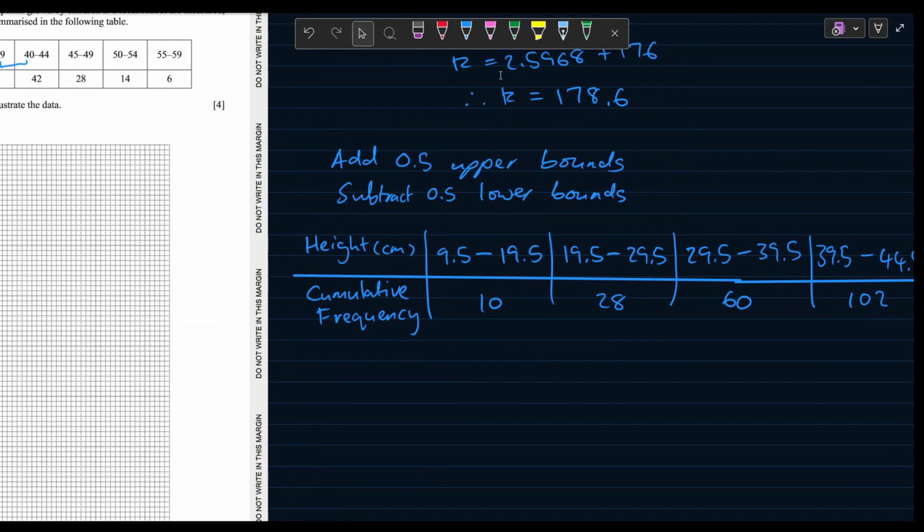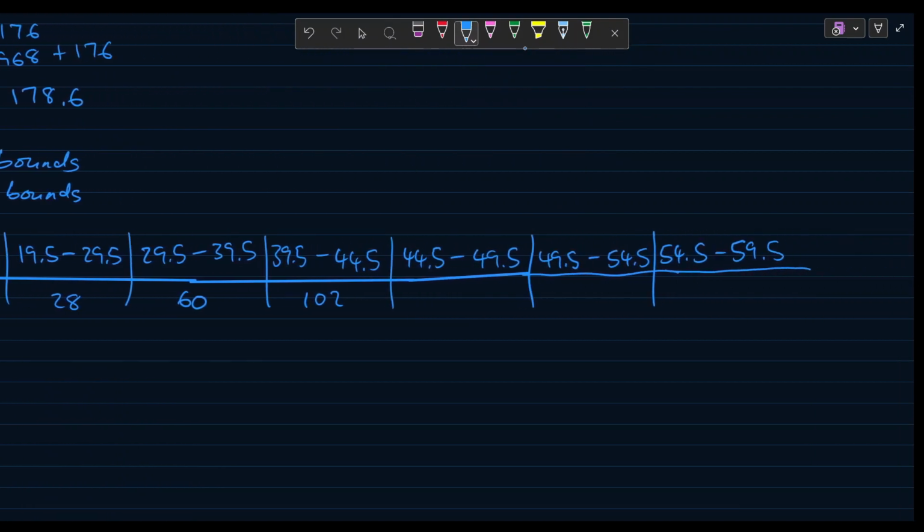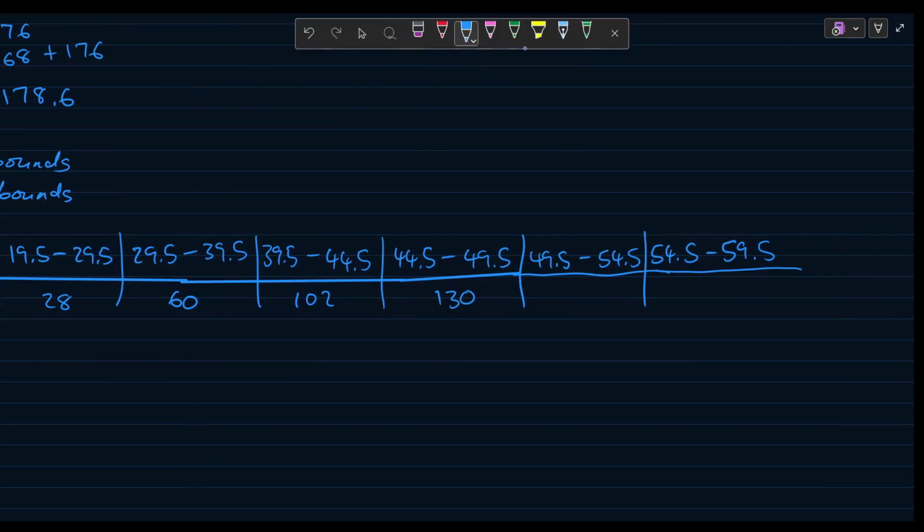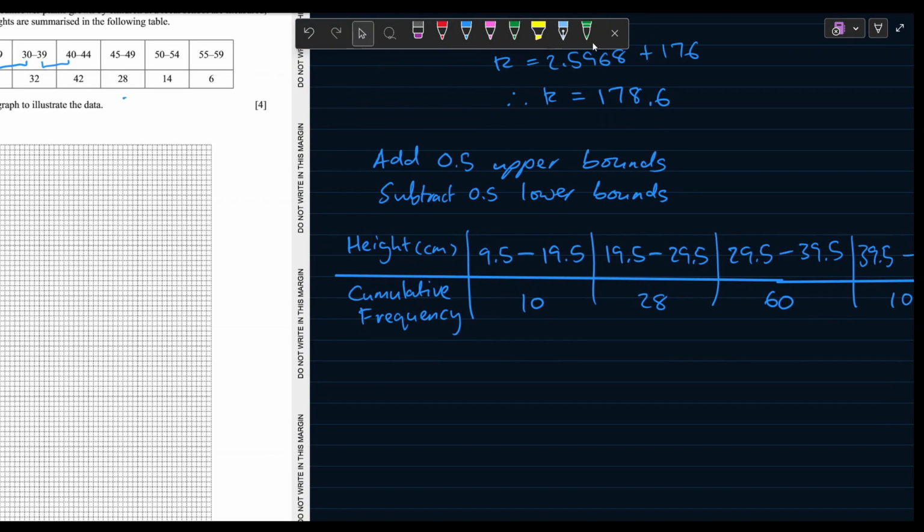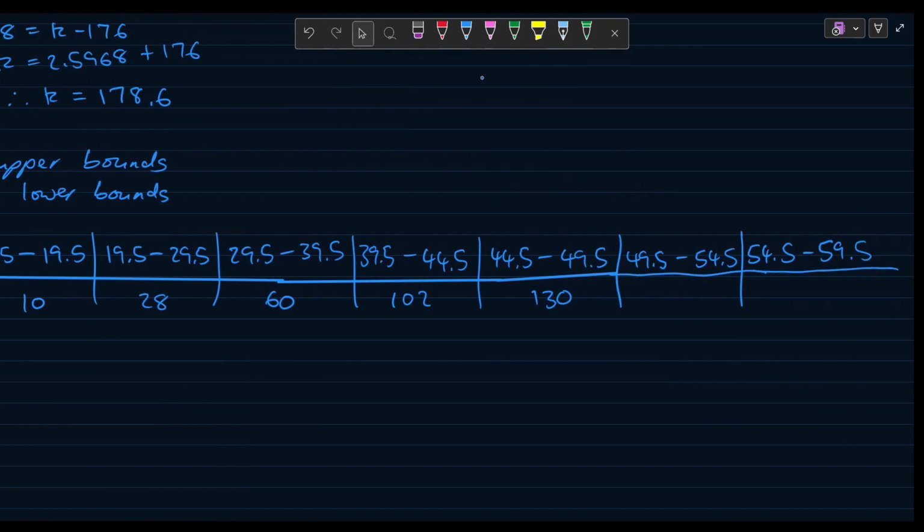Then for the class 45 to 49, 28 plus 102, so that's 130. For the next class after that, we add 14, so it's 144. And for the last class, it should be 150 because we are looking at 150 sunflowers.